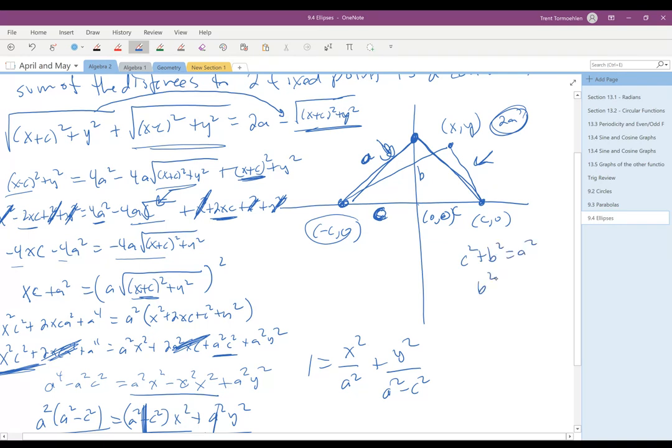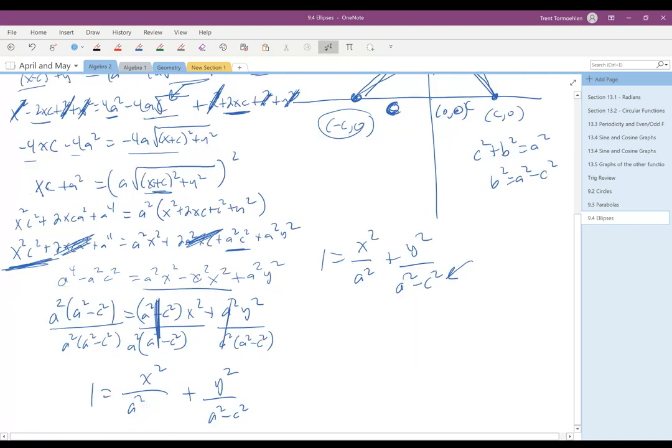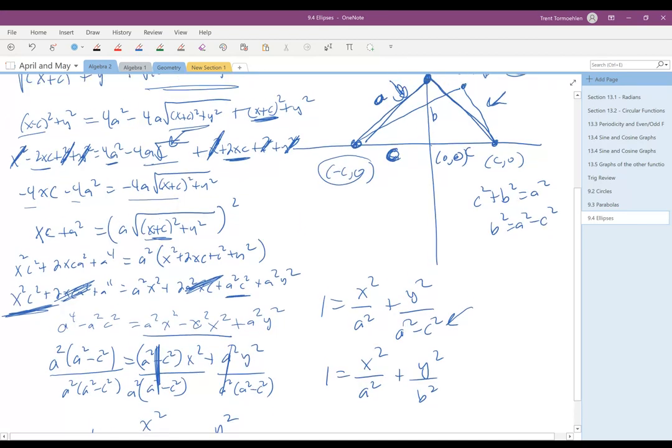So b squared equals a squared minus c squared. And so instead of this, we're going to let that equal this b squared. And so our formula turns out to be 1 equals x squared over a squared plus y squared over b squared.